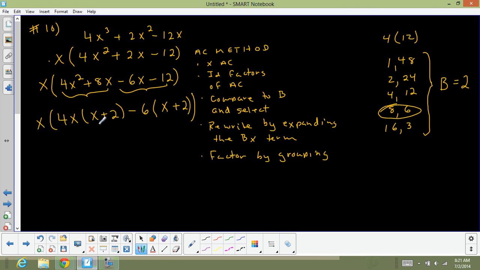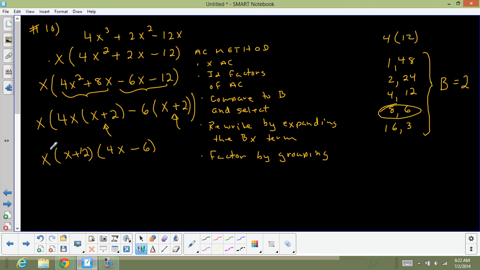And then finally, once again, we identify that we have a common factor between the two pairs of x plus 2. So we factor out that x plus 2. And that leaves you from the first pairing, when you divide out that x plus 2, of 4x. And from the second pairing, you're left with a minus 6.